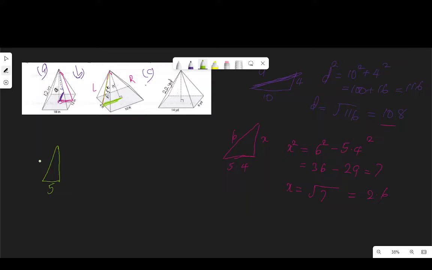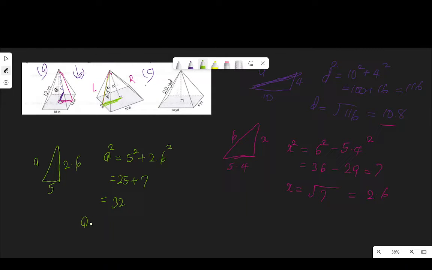Let me call it A. Hope I've not used A anywhere before. So then we already know x to be 2.6. So here is 2.6. So A squared is 5 squared plus 2.6 squared, which is 25 plus 7, which is 32.